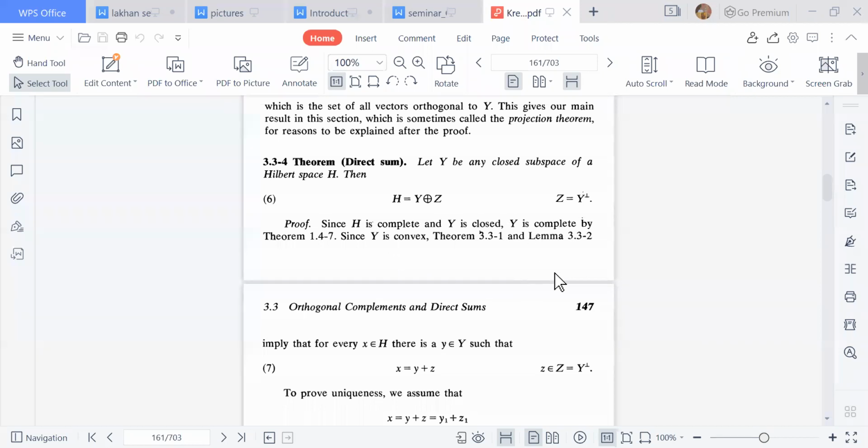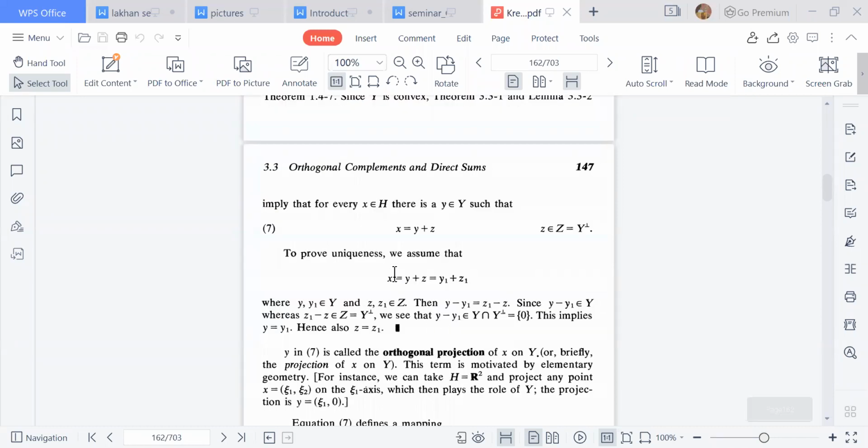Since Y is convex, we have the theorem that we have seen, theorem of minimizing vector, and the next theorem that we have seen now, that delta is equal to norm of x minus y. Such y exists, it is unique.